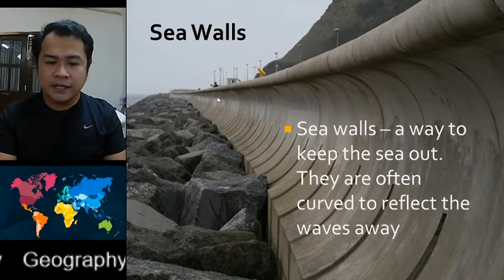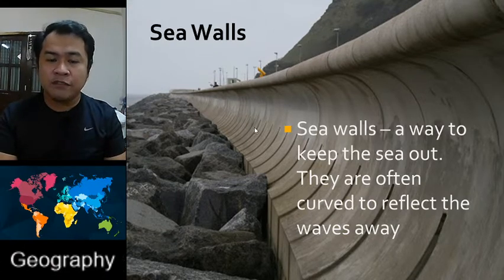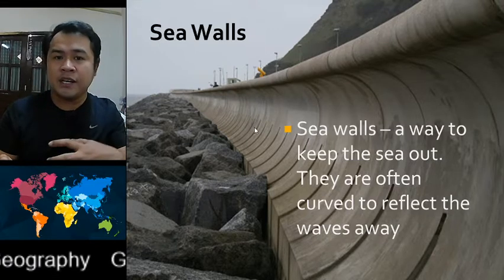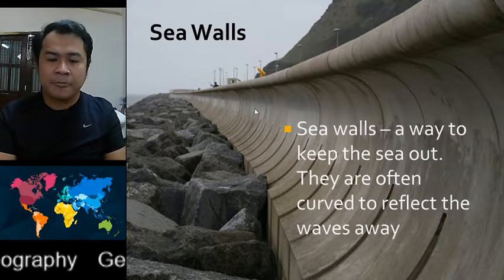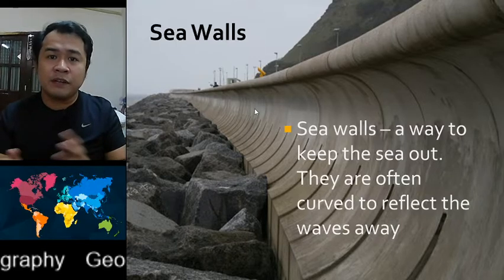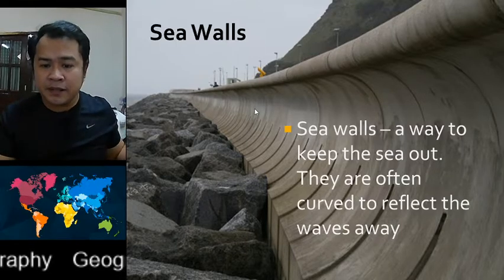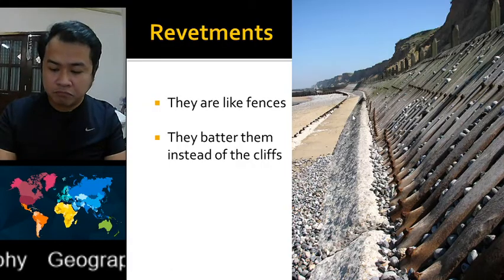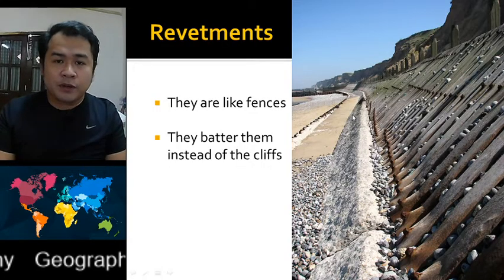And as you can see, it is curved because it can deflect or change the direction of the waves, and it will also reflect or just send the waves back.